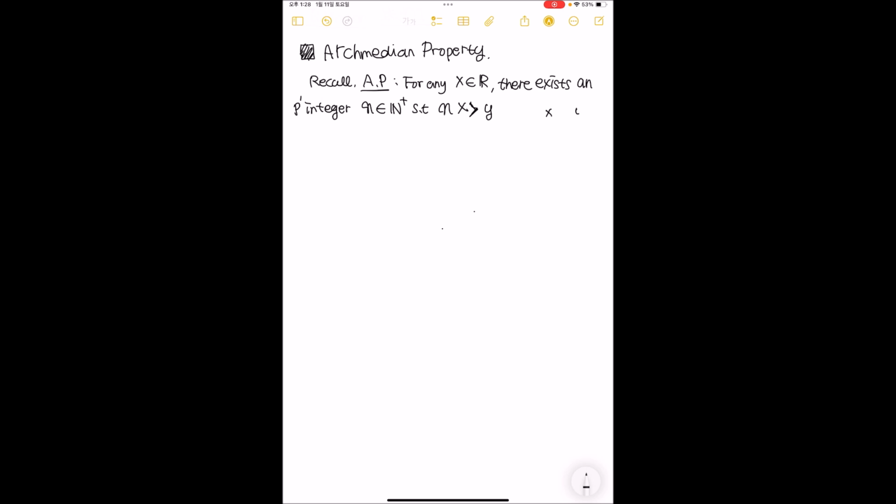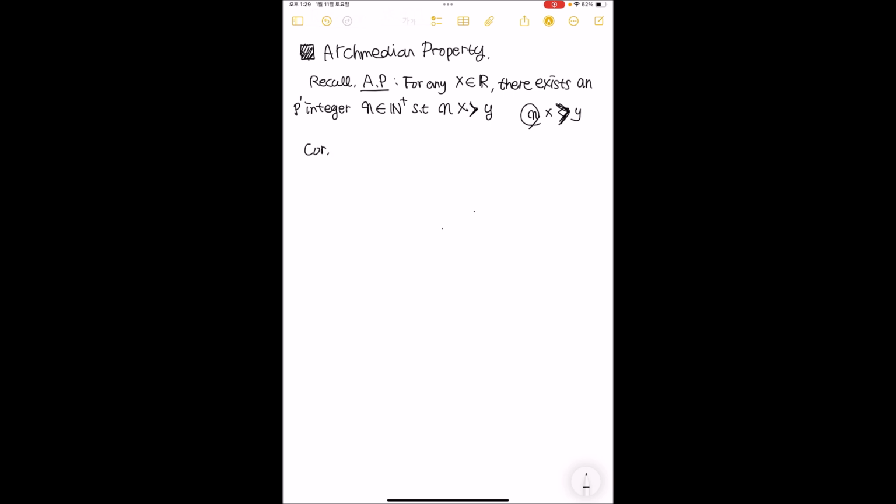So if x is given by multiplying a proper integer, we can take the inequality. That is the Archimedean property.